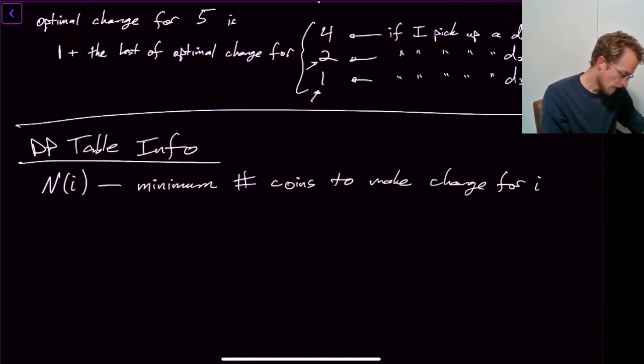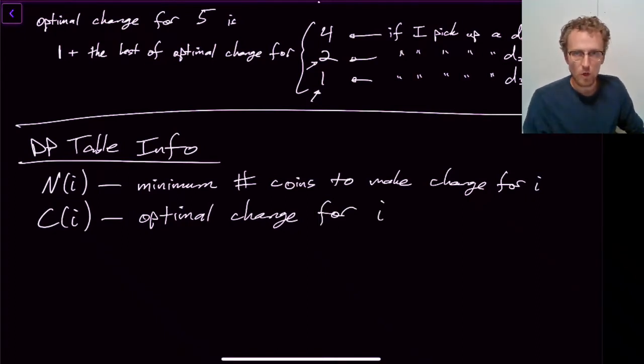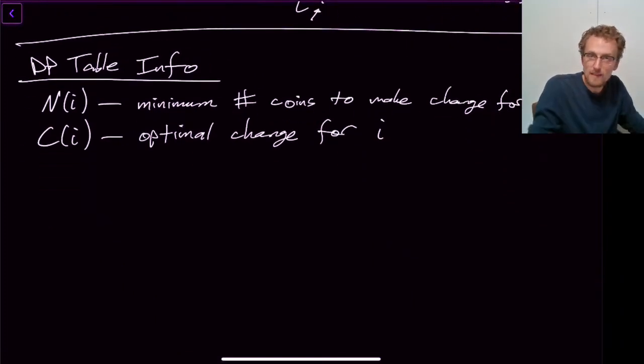And then c of i is going to be a set, the optimal set of change, optimal change for i.